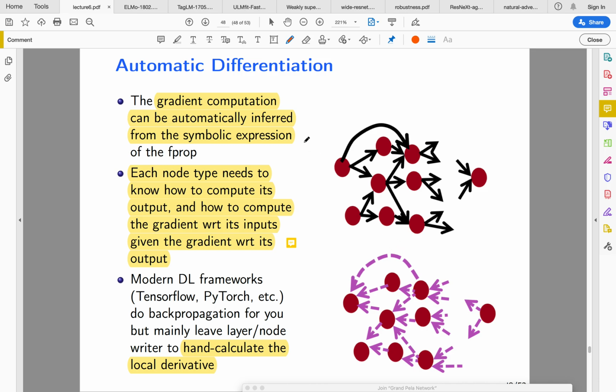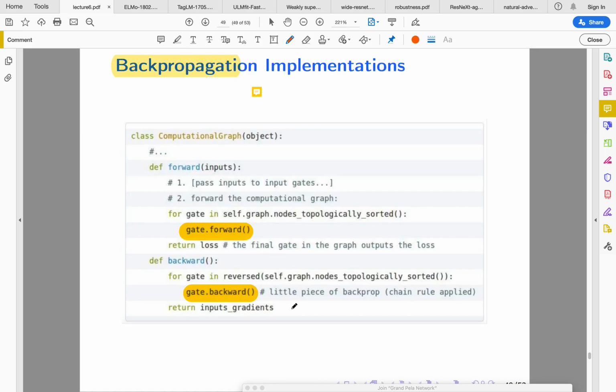So, automatic differentiation: the gradient computation can be automatically inferred from the symbolic expression. Each node type needs to know how to compute its output and its gradient with respect to its input. Modern deep learning frameworks like TensorFlow and PyTorch do backpropagation for you, leaving the layer or node to calculate the local derivative.